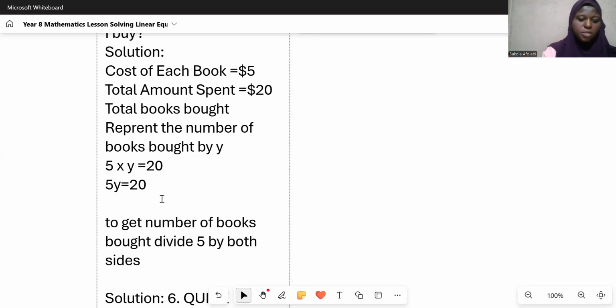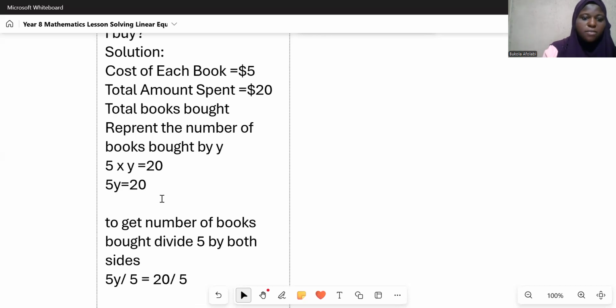So we have 5Y divided by 5 equals 20 divided by 5. 5Y divided by 5 is what? Y. So we have Y equals 20 divided by 5, which is 4. Good.